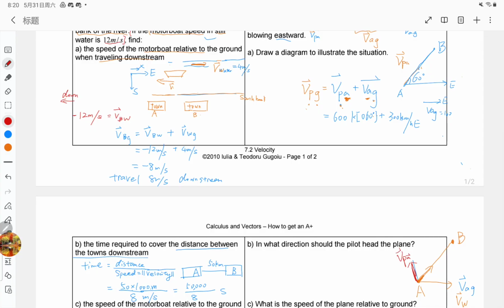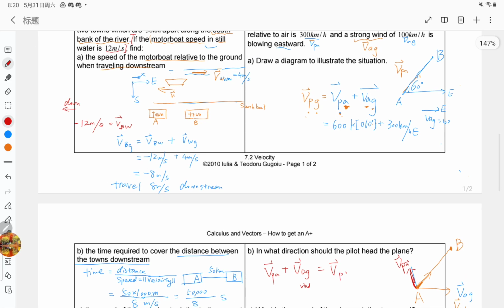So that VPA plus VAG, air relative to the ground, which is just the wind, such that this resulting direction is from A to B. So this is actually the VPG. Okay, VPG is just the A to B direction, right?